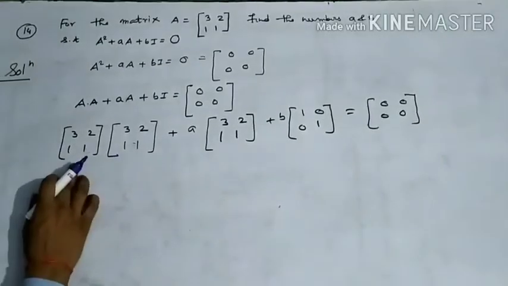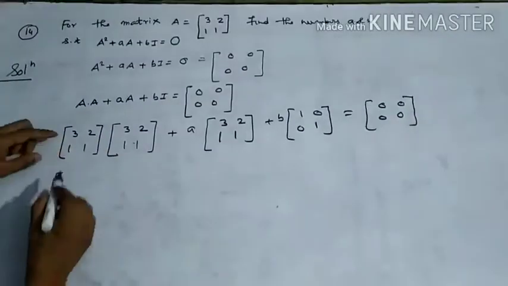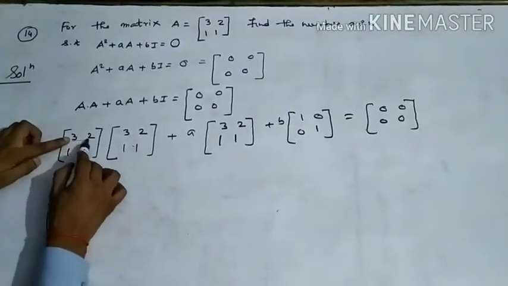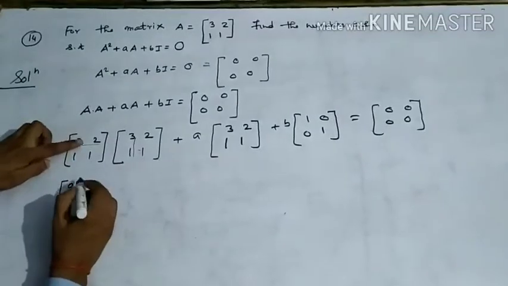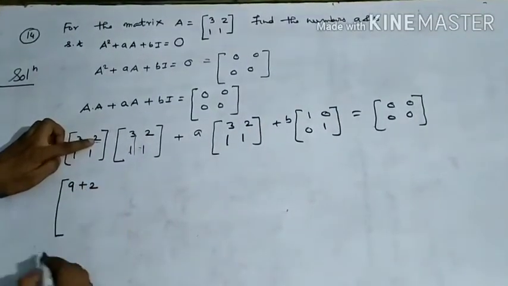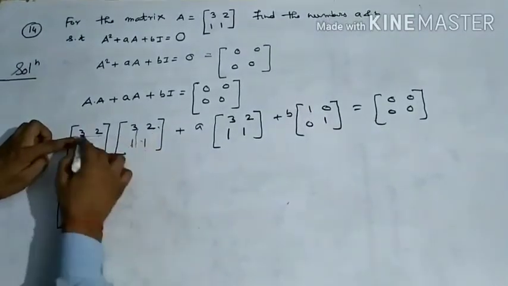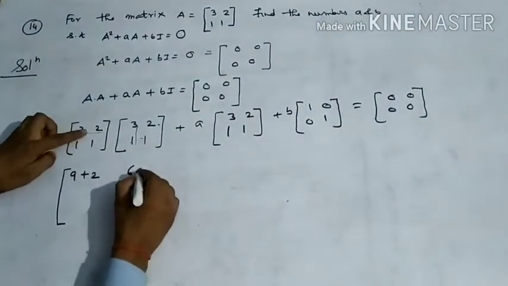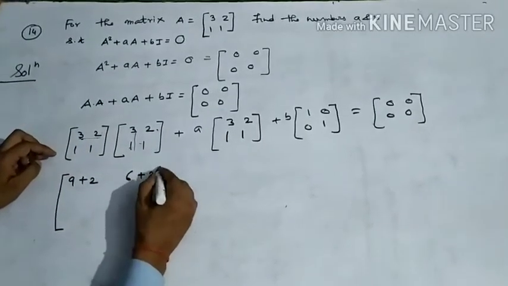Now here again you have to use the concept of matrix multiplication. So you have to take the first row and first column: 3 into 3 is 9, and 2 into 1 means plus 2. First row and second column: 3 into 2 is 6, and 2 into 1 means plus 2.